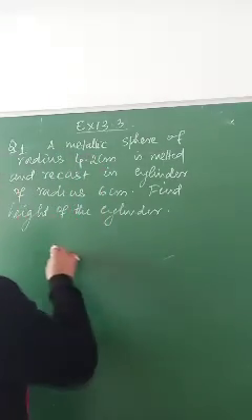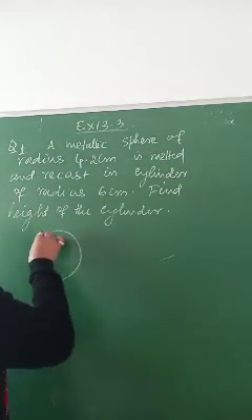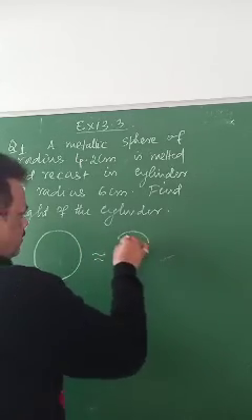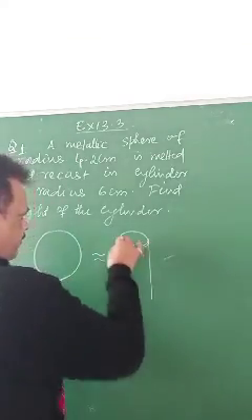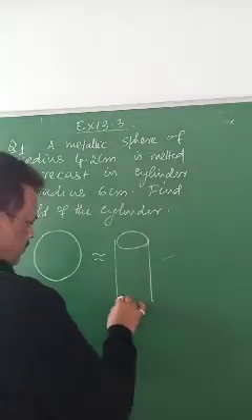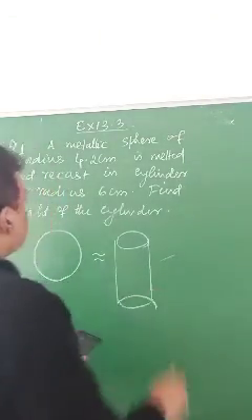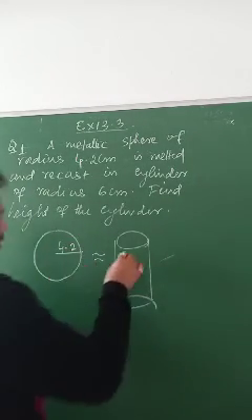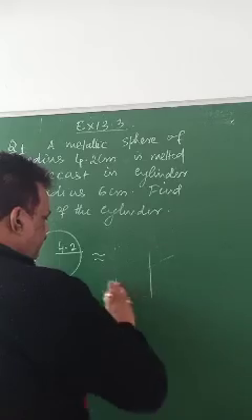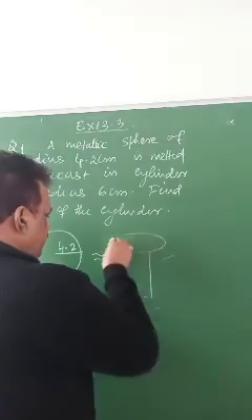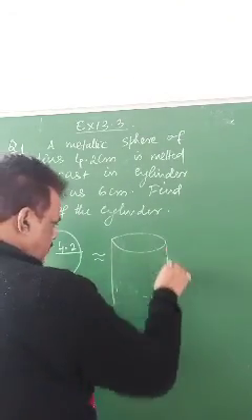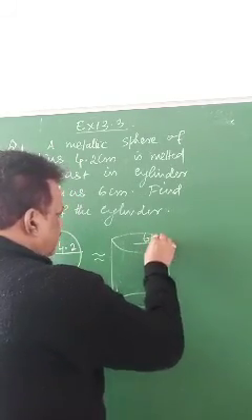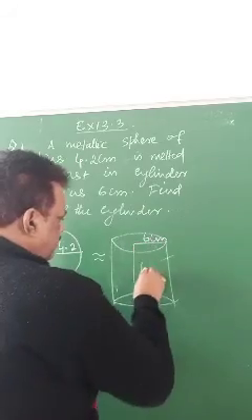That means the sphere will be equal to the cylinder. Okay, this is 4.2, this is a little bigger here, 6 centimeters. Height is not given.